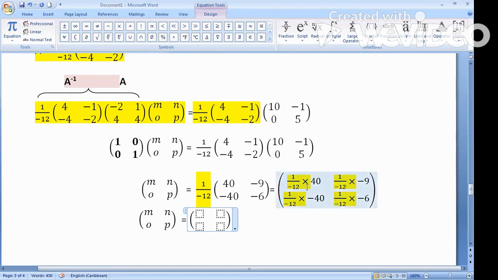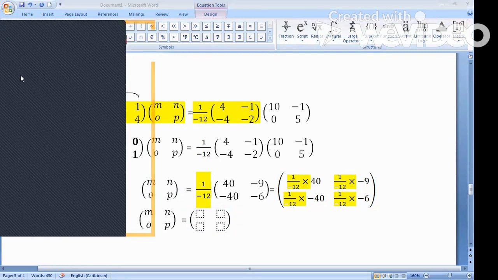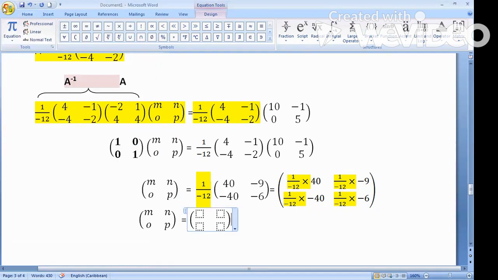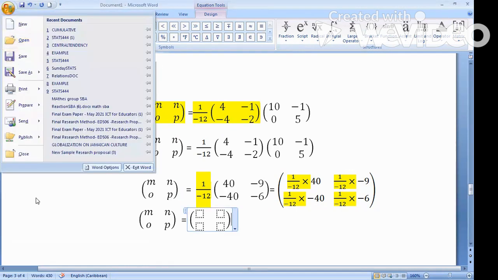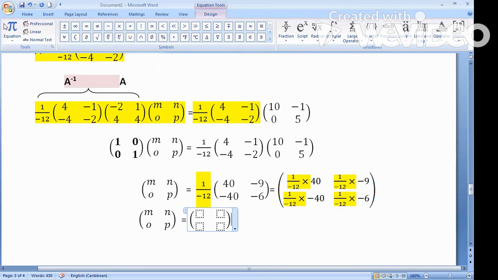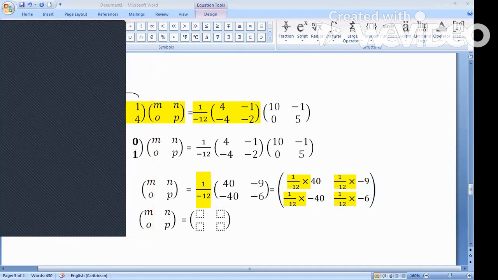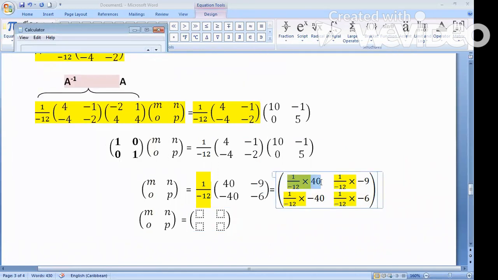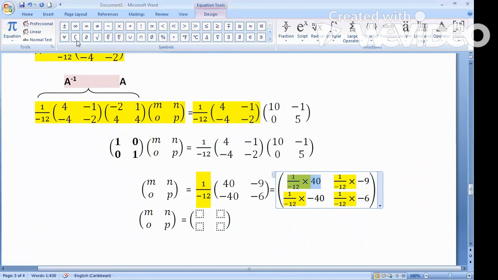We can probably use a calculator here. So this is actually 40 divided by negative 12.